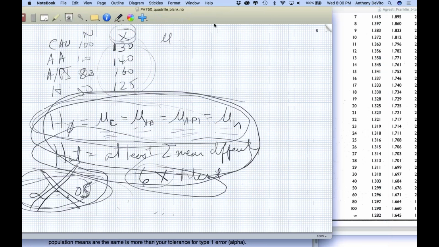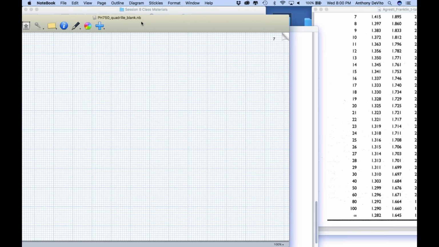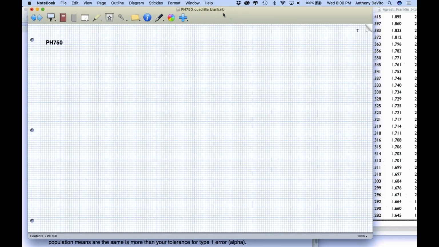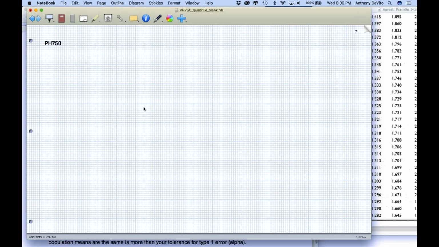The way that new tool works is it looks not just at the mean, but it looks at the variability between these different groups. So think of it this way. Let's say I'm going to look at 3 groups.